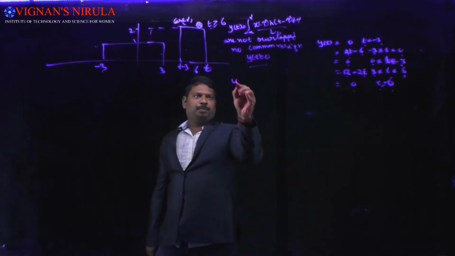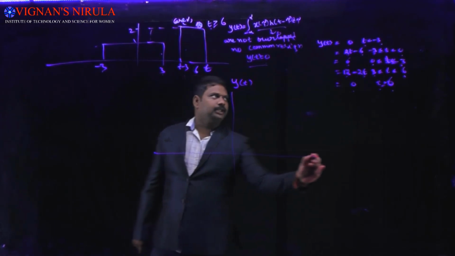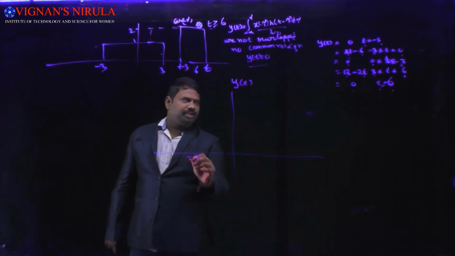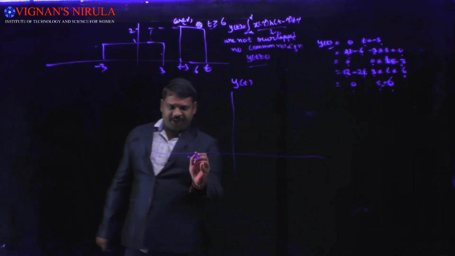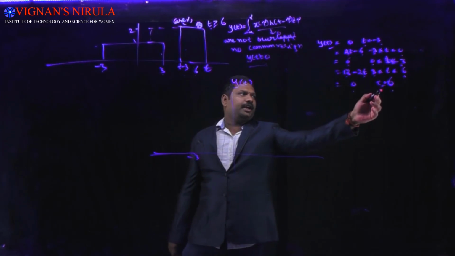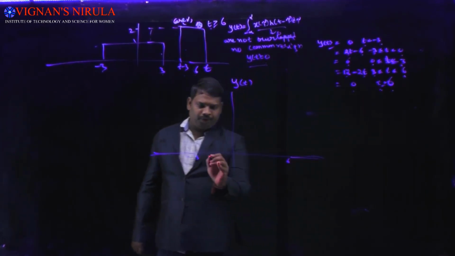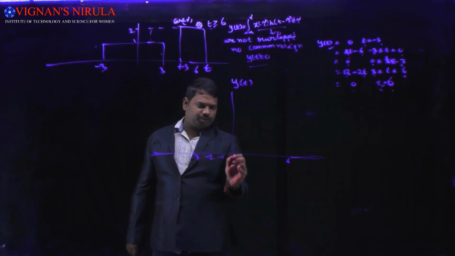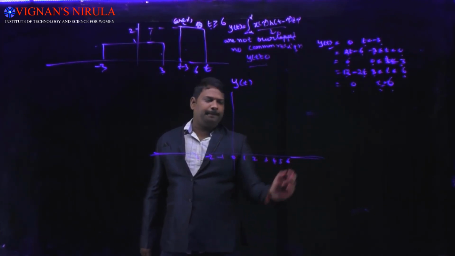Now when we plot this y of t graph like this, for t less than minus 3 the value is 0, and for t greater than 6 the value is also 0. Therefore this has minus 2, minus 1, 0, 1, 2, 3, 4 and 5.